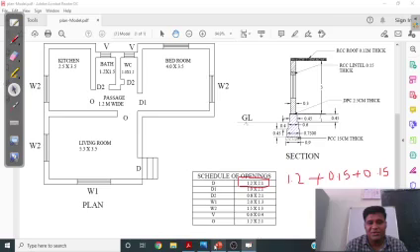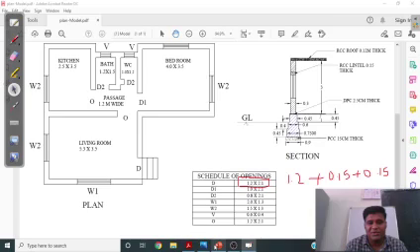The width of the wall is 0.3 and the thickness of the lintel is 0.15. So 1 into 1.5 into 0.3 into 0.15 will give me 0.07 cubic.